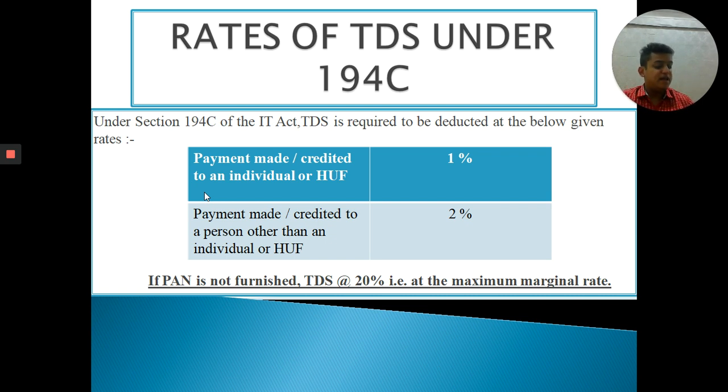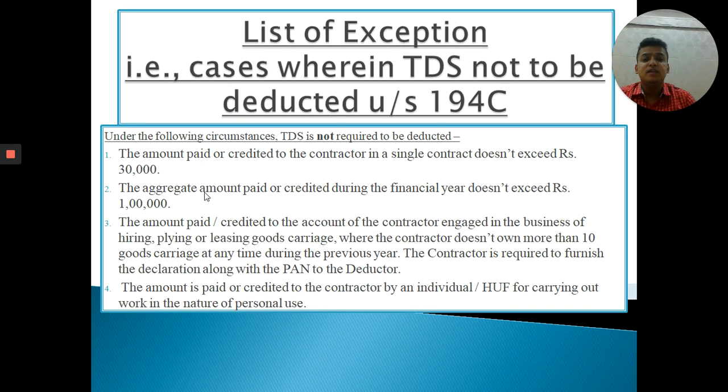Well, if the PAN is not furnished by the deductee, then 20% is the TDS rate to be deducted by the deductor. Next, moving on to the list of exceptions, that is, there are a few cases in which no TDS is to be deducted under section 194C.